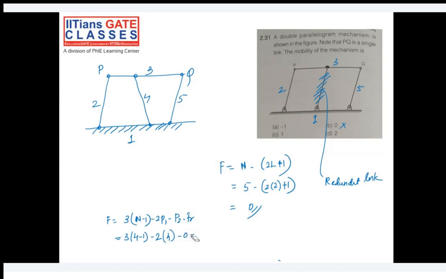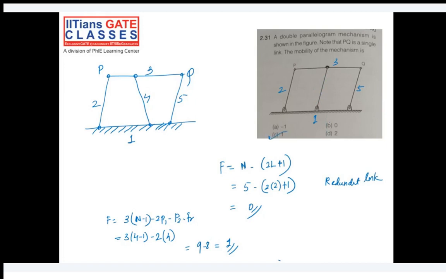So how much will you get? 9 minus 8 is 1 degree of freedom, correct? So in reality it's a 1 degree of freedom system. If I add this also, it's still 1 degree of freedom. So the answer in this case is 1 degree of freedom.